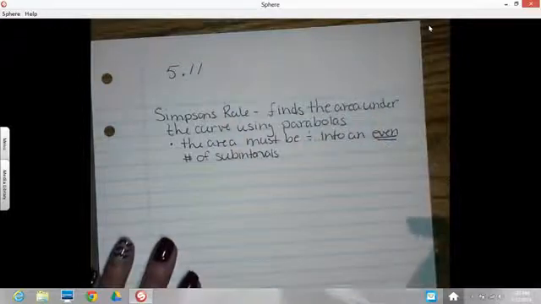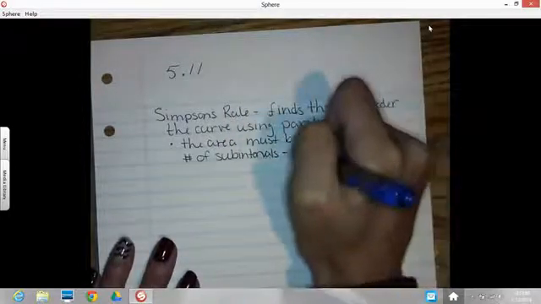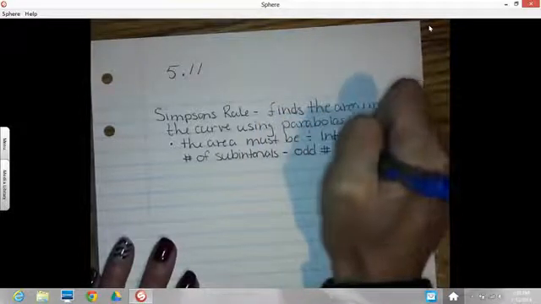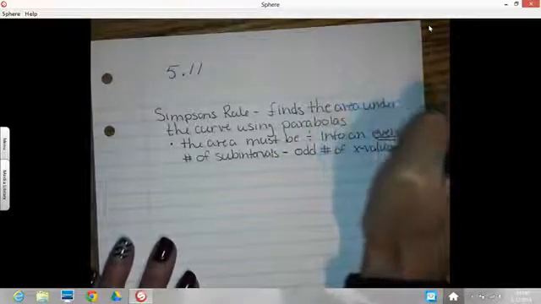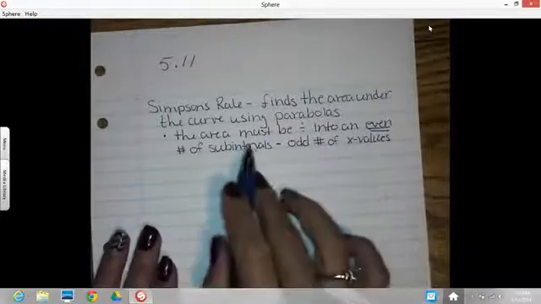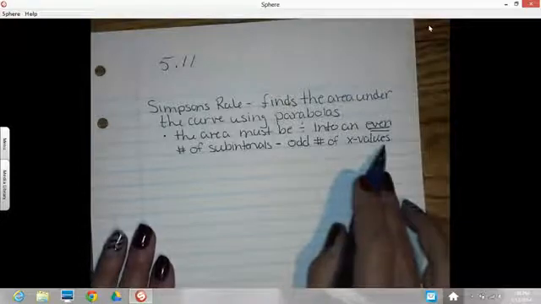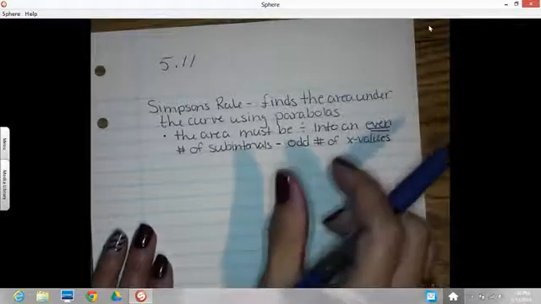In order to do this, you need an odd number of x values. And I'll explain subintervals when I make the sketch. So we need an even number of subintervals, but they could have just said you need an odd number of x values to do it. Okay, and the subintervals must be all the same width.